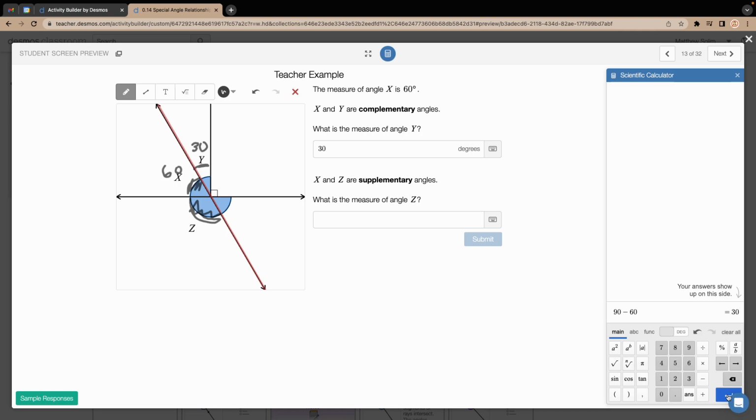So if I had 180, I already got 60 degrees. What's left over is 120. So 60 plus 120 would give me halfway around that circle, or 180 degrees. So z has to be 120 degrees.